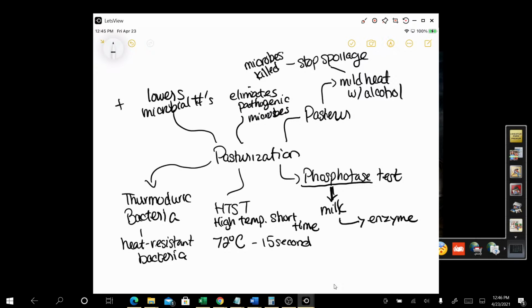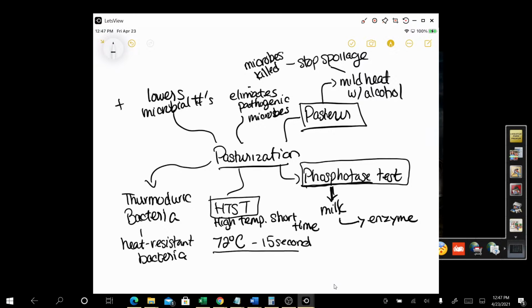So, pasteurization. Remember that Pasteur is involved, that there is a test that scientists use to see whether phosphatase, the enzyme that's in milk, is present and whether the milk has been pasteurized or not. Another thing that you need to remember is high temperature, short time, and what that temperature is and what that time is.